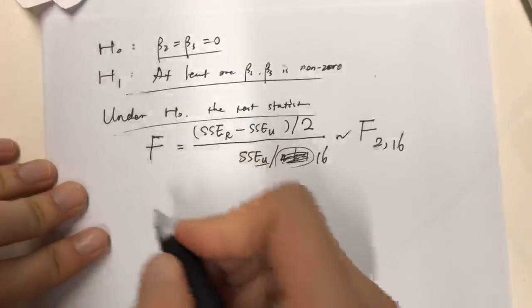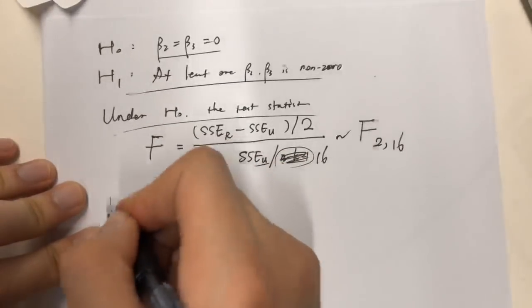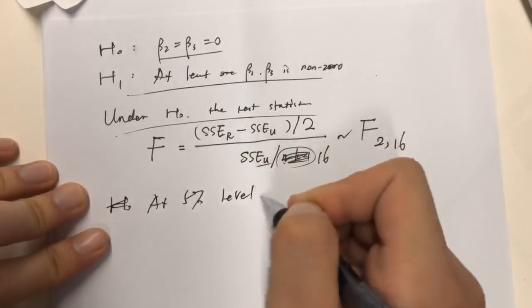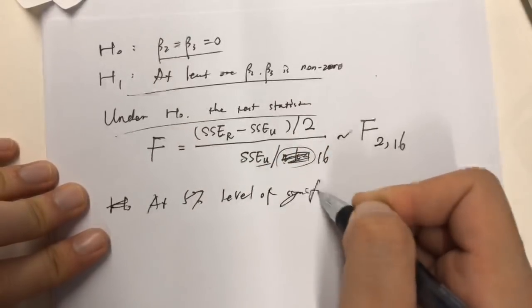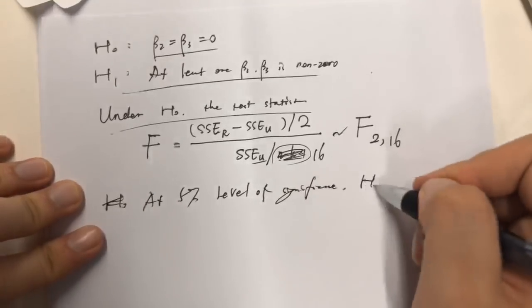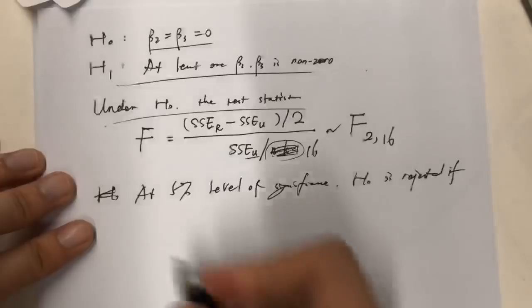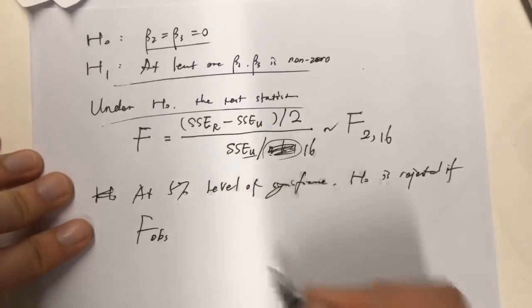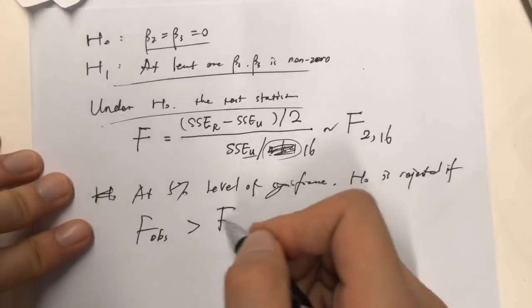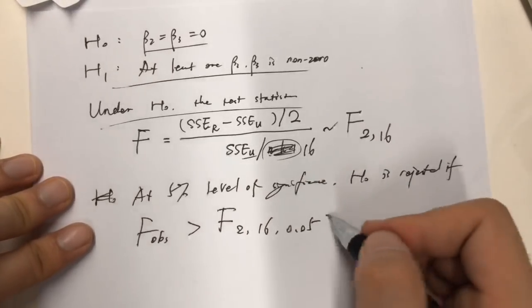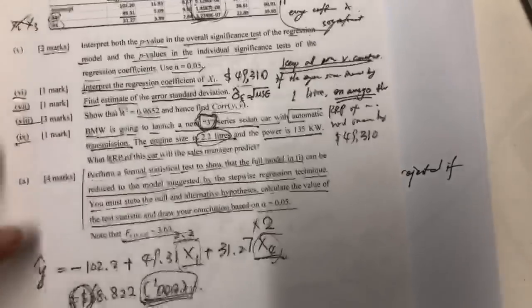So the decision rule will be: at the 5% level of significance, H0 is rejected if the observed F is greater than the critical value F(2,16) at 0.05, and this value is given as 3.63.